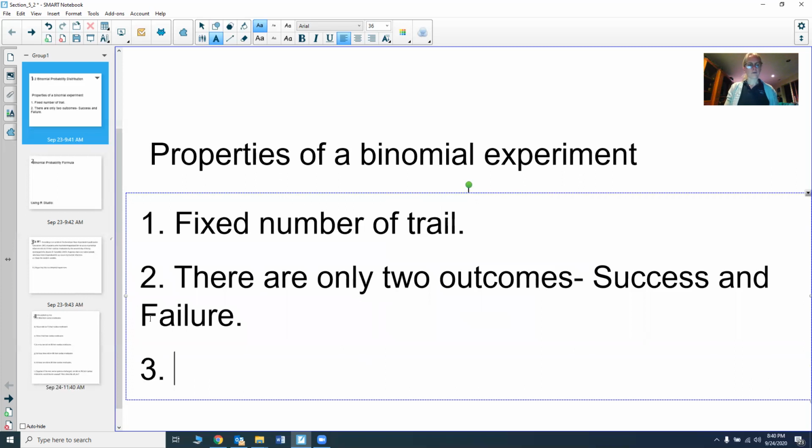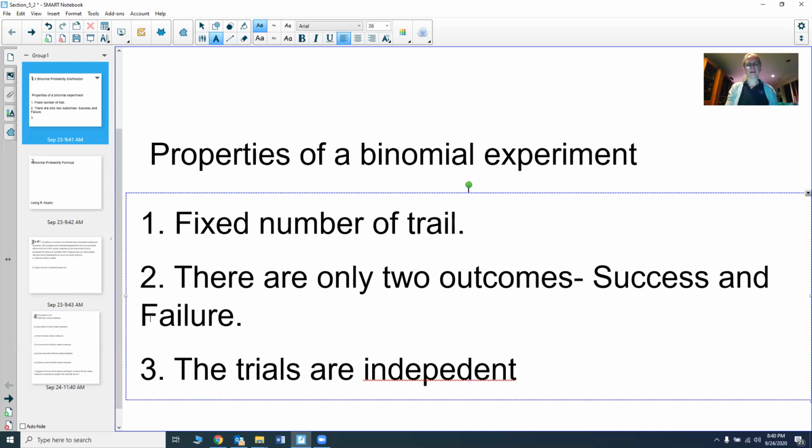The next, and these are not necessarily in any special order, but usually we do the fixed number of trials first and then go from there, is that the trials are independent. And what we mean by that is that one trial does not affect the next trial. So in other words, if you flip a coin 100 times, it doesn't remember what it did the time before. Each flip of the coin is independent of the next flip.